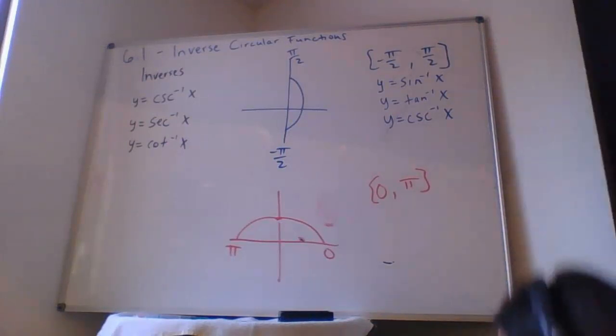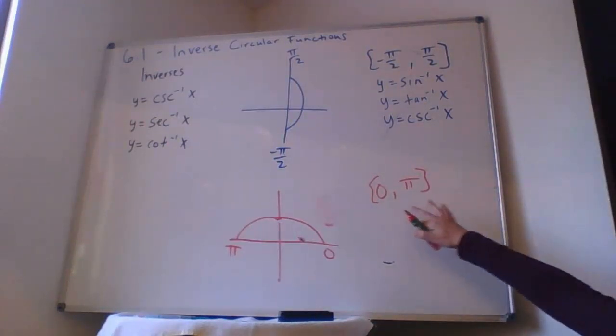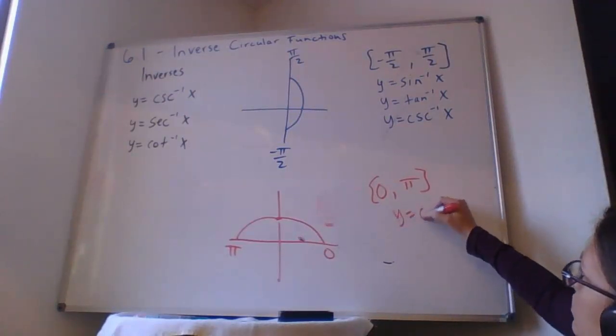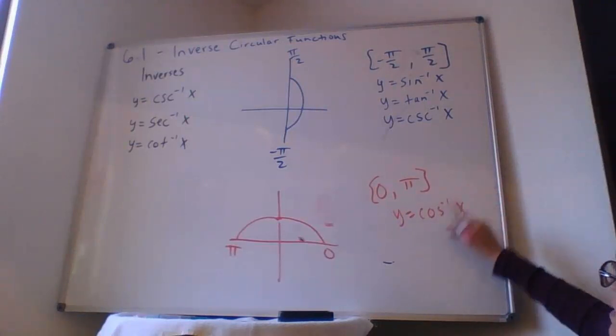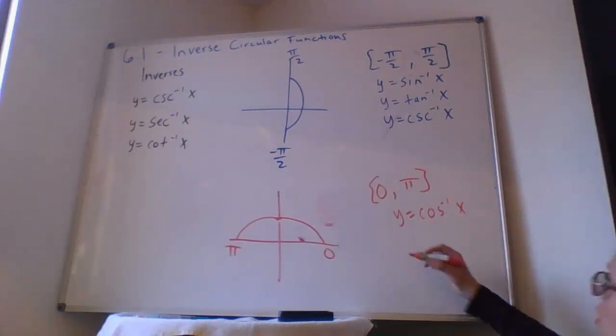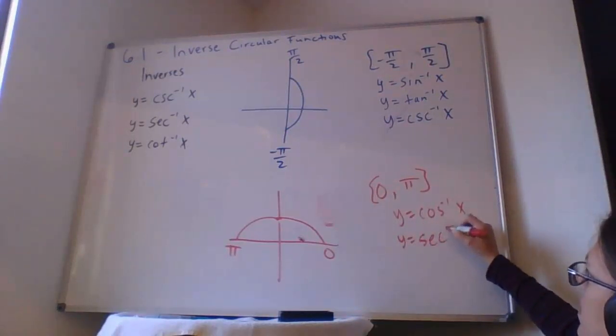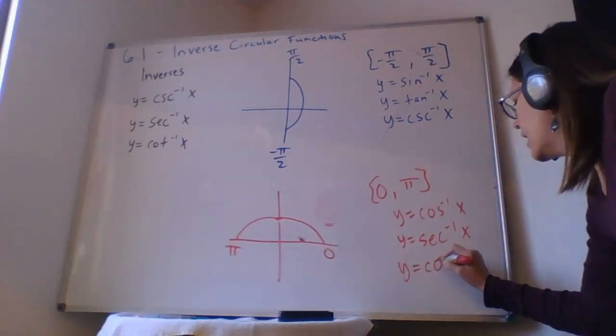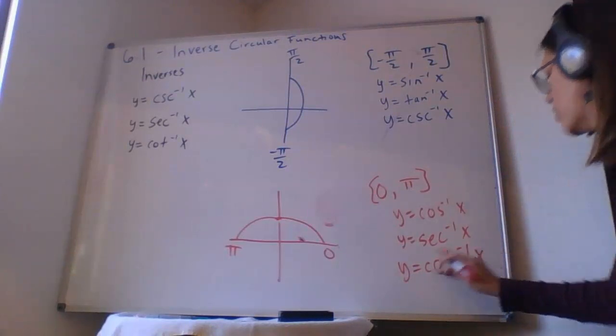Now, I like to think of the 0 to pi group as the cosine group. So we have y equals cosine inverse of x is our leader. The reciprocal of cosine is secant, so y equals secant inverse of x also has this. And now, y equals cotangent inverse is also in this group.